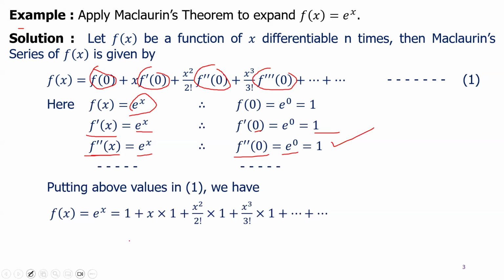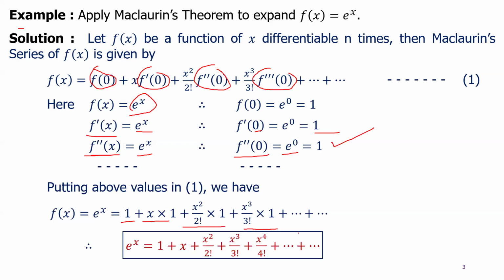So the first term is 1, x into 1, x square upon 2 factorial into 1, x cube upon 3 factorial into 1, x to the power 4 upon 4 factorial into 1, and so on. If we simplify it, we get e to the power x is equal to 1 plus x plus x square upon 2 factorial plus x cube upon 3 factorial plus x to the power 4 upon 4 factorial and so on. This is the expansion of the exponential function.